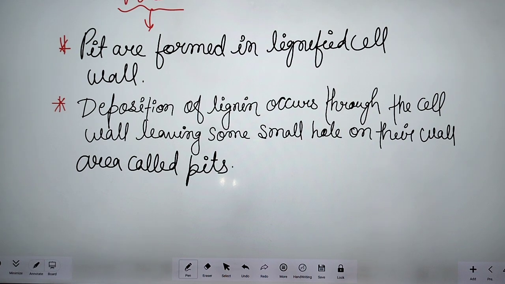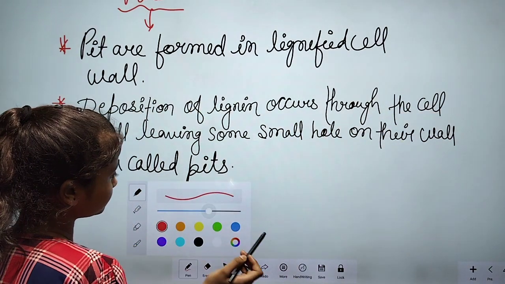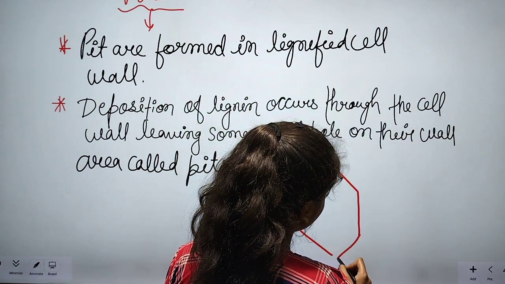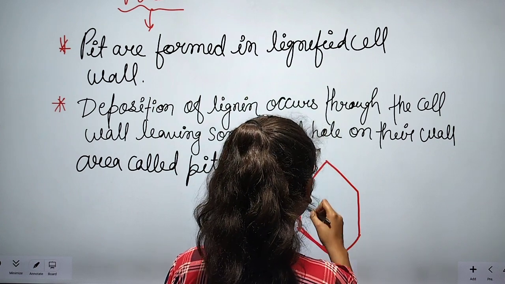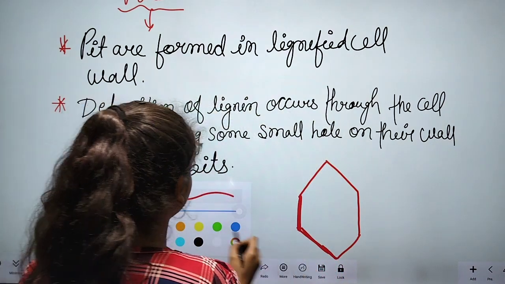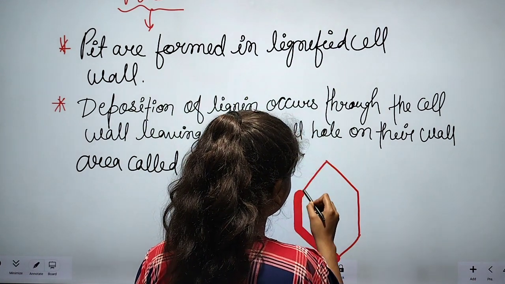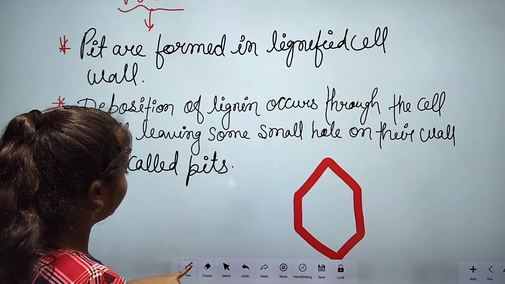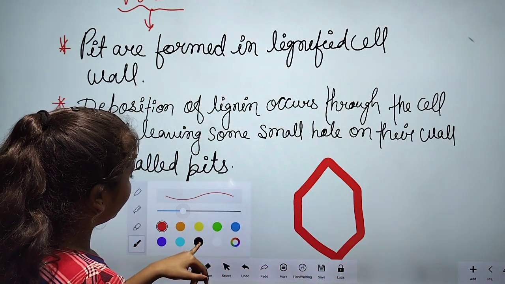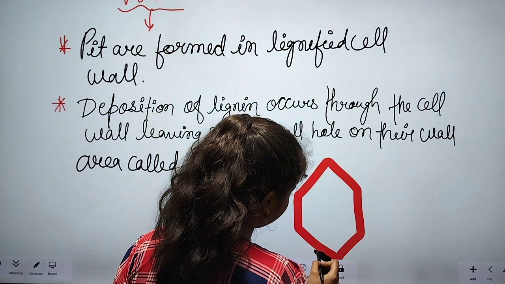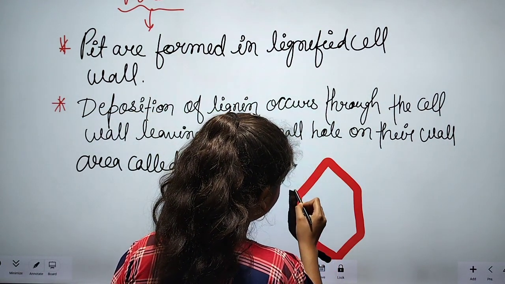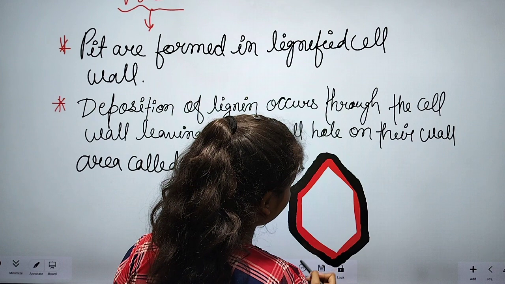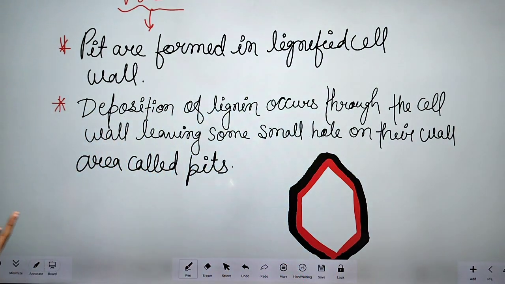Like you can see here, suppose this one is the cell wall of a plant cell. This one is the deposition of lignin outside the cell wall, and this one is the carbohydrate derivative.